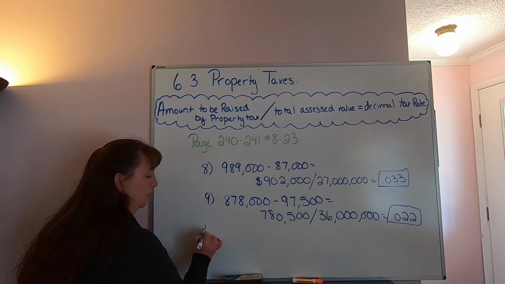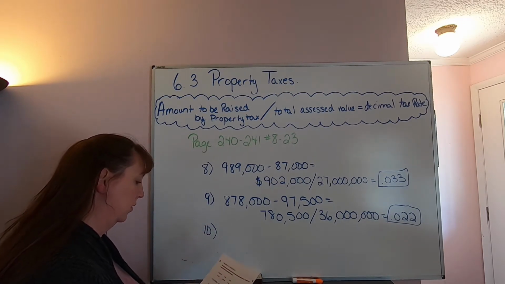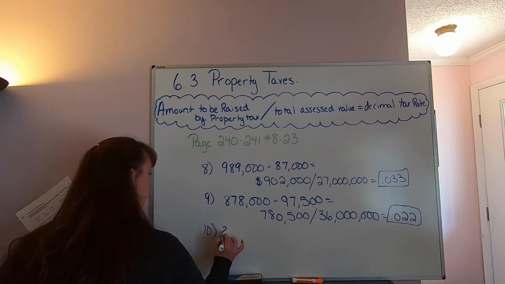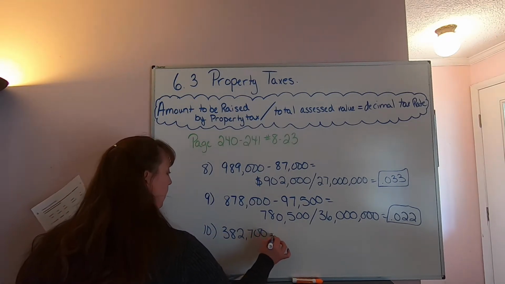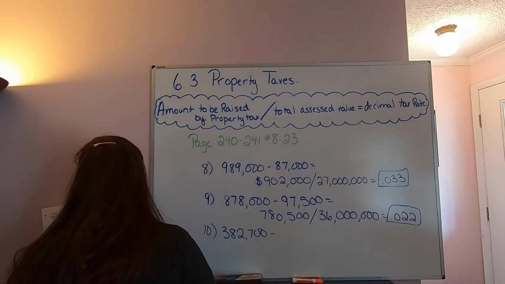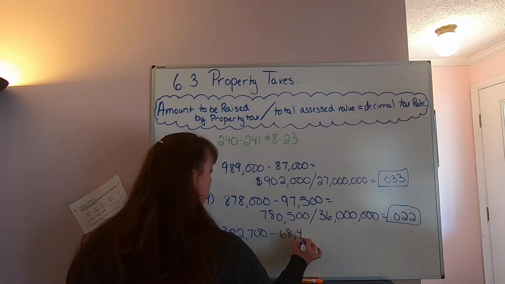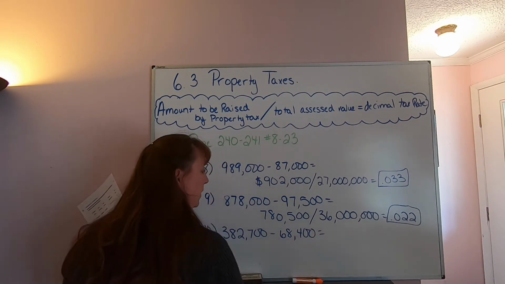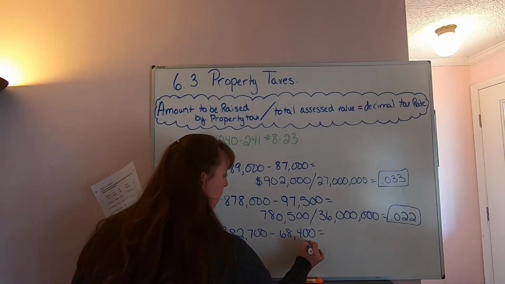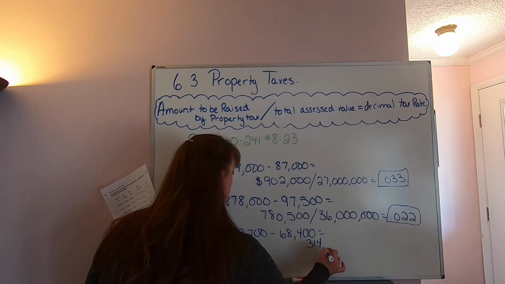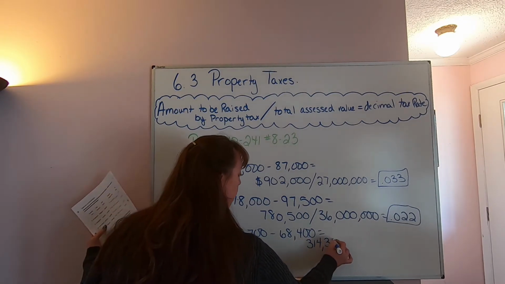Question number 10, same procedure. We're going to take the total expenses, $382,700. Subtract from that the other income, which is $68,400. We get the difference of $314,300.